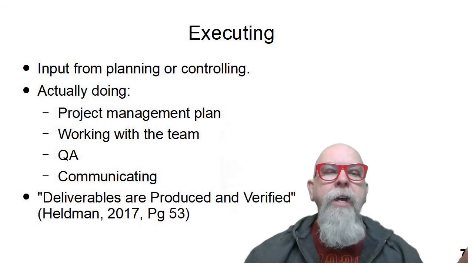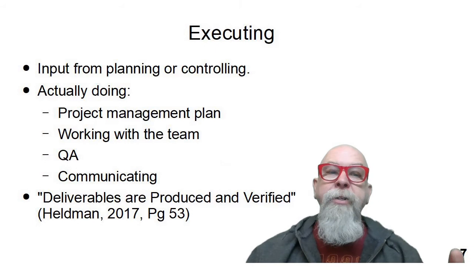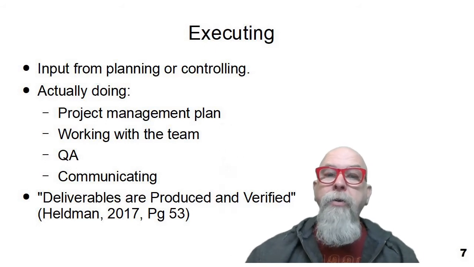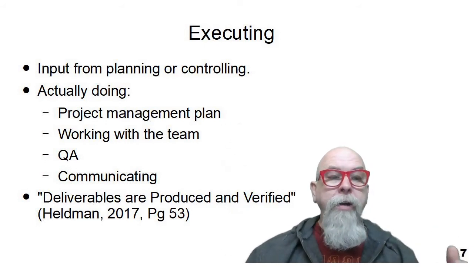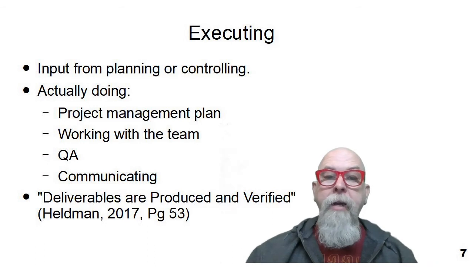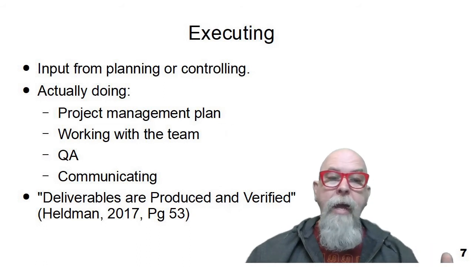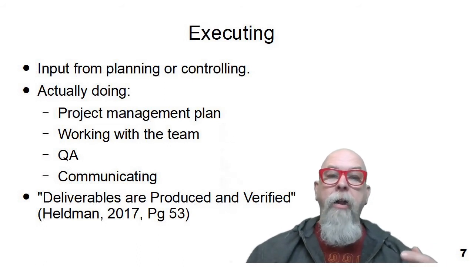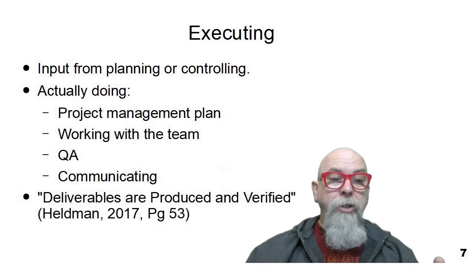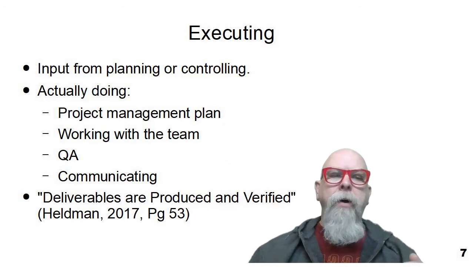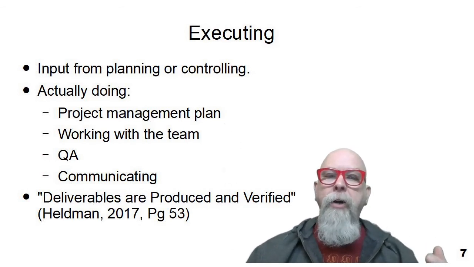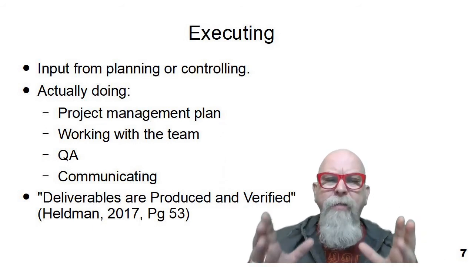Now that we've initiated and planned, it's time to start executing, to start actually working on the project. We use the project management plan, we work with the team, we communicate, and all of these things, quality assurance, that's what the QA stands for, is what we're going to start doing. Working with our management plan, again, making sure that everything is working.